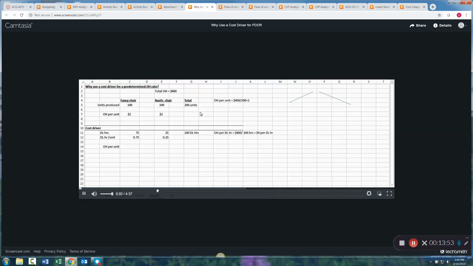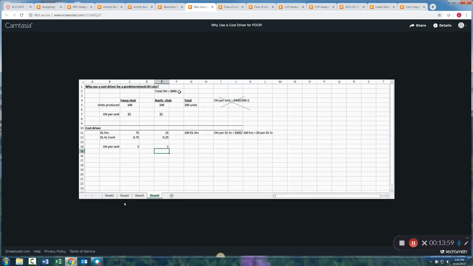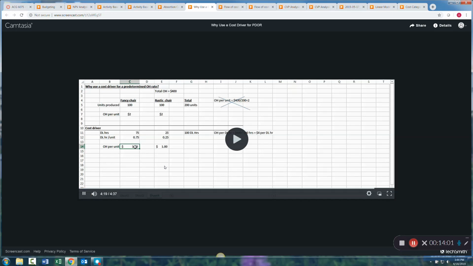So if we use the cost driver direct labor hours and we come up with the number of hours, then we have a method of estimating how overhead is consumed on an unequal basis.